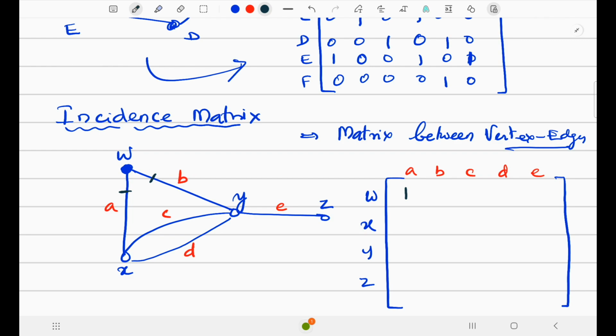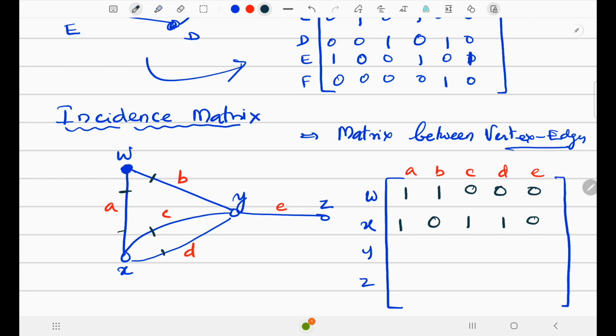B also is incident to W, make it 1. But C, D, E are not related to W, so 0. Then comes X, so A, C, and D. For X, A is incident, C is incident, D is incident, B is not incident to X, and also E is not incident to X.